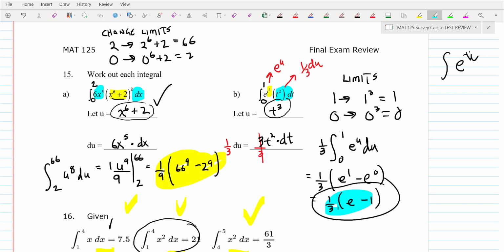The thing is, when you do du, that's something sometimes students struggle with, you got to work on that a little bit. When we did this, it was 3t squared dt. That's supposed to end up being t squared dt. So the way we make it turn into t squared dt is we just get rid of that 3. So we divide by 3 like that.